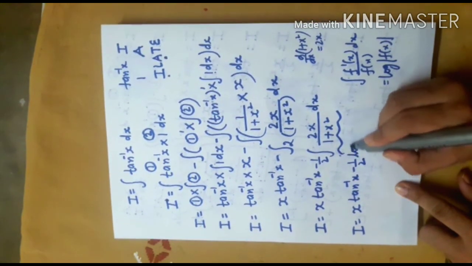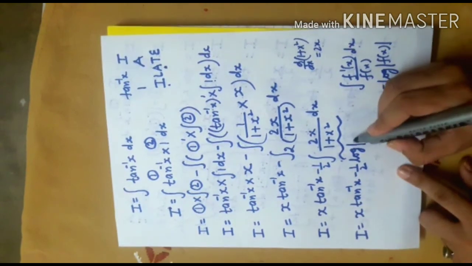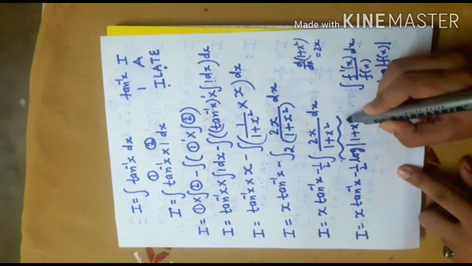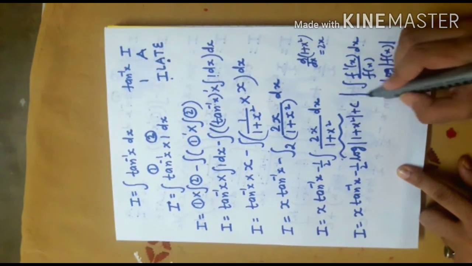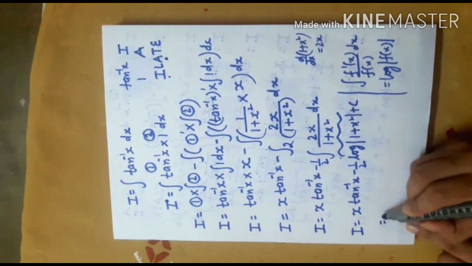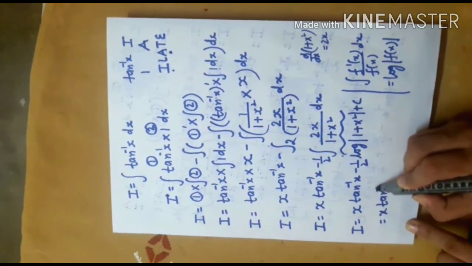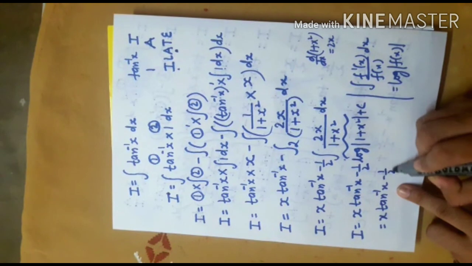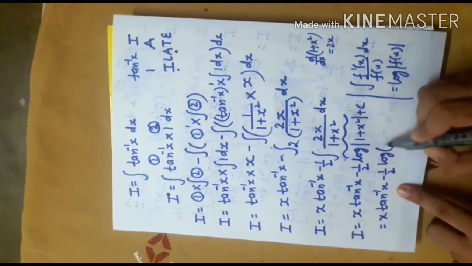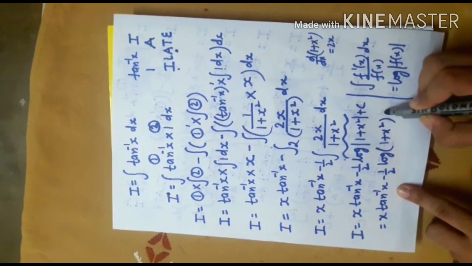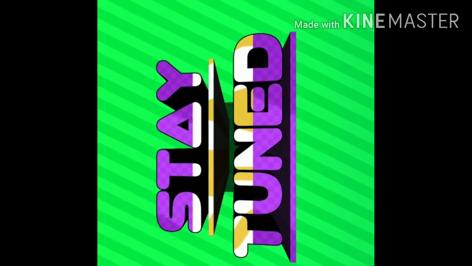Integral of this will be log of denominator, that is log of 1 plus x square plus c, right? Which can be written as x tan inverse x minus half log 1 plus x square plus c.